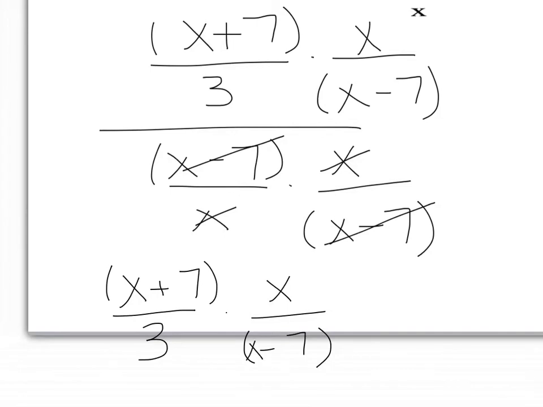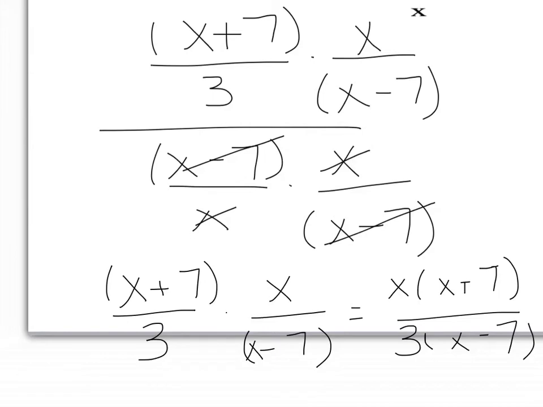Oops, I forgot the x. There you go. Okay, nothing cross cancels in this situation, so you're just going to say x times x plus 7 over 3 times x minus 7. And that is your answer.